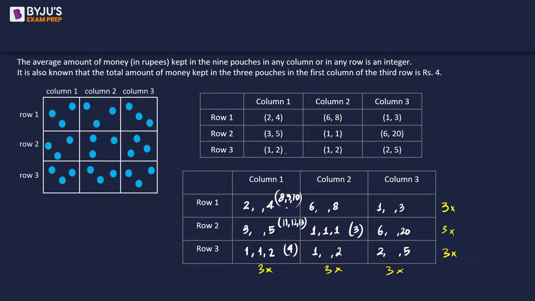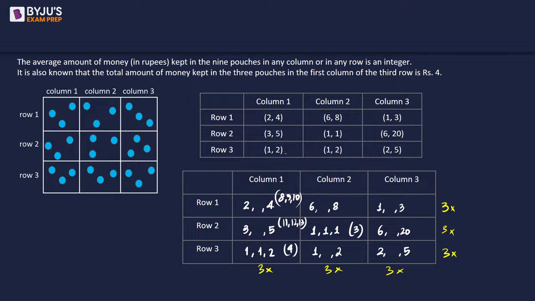This is possible. 8, 13 and 4 will again not give us a number in the table of 3. 9, 11 and 4 is going to be 24. 9, 12 and 4, it won't be in the table of 3. 9, 13 and 4, it won't be. 10, 11 and 4, it won't be. 10, 12 and 4, no. 10, 13 and 4, yes.